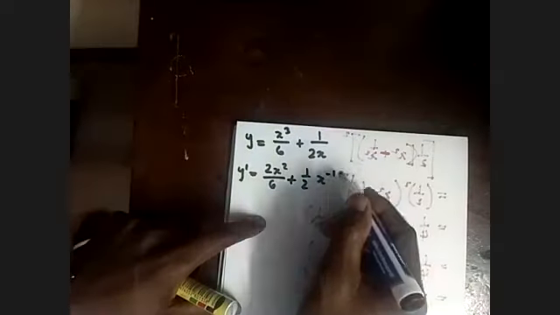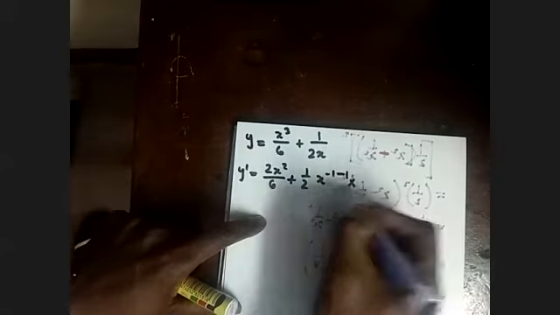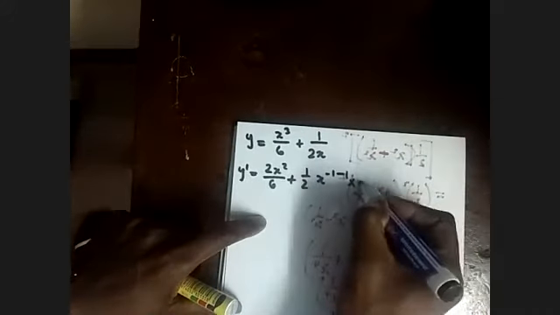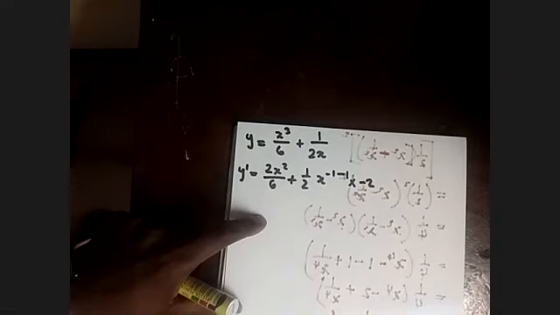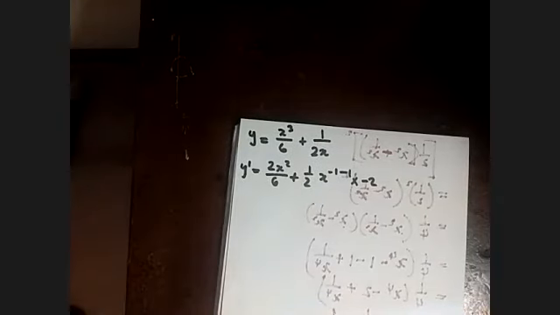When we subtract 1, we need to multiply by whatever we have here, which is negative 2, right? Are you with me, my brother? Yes.